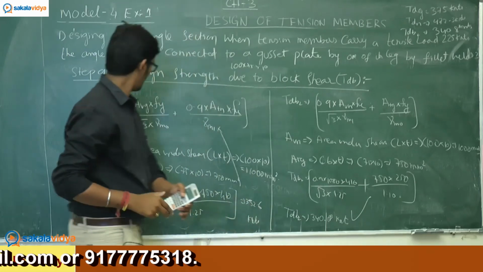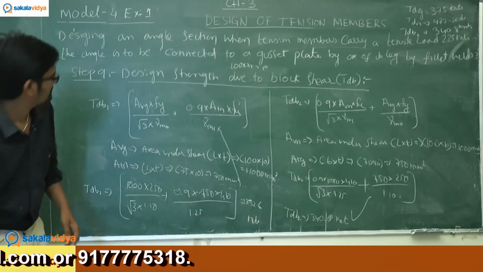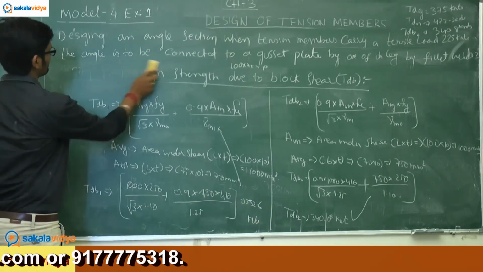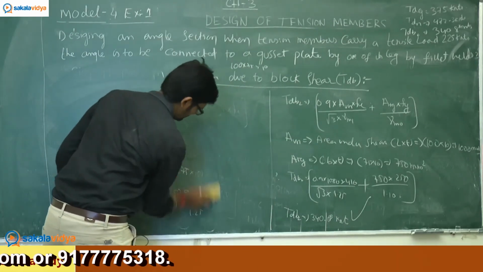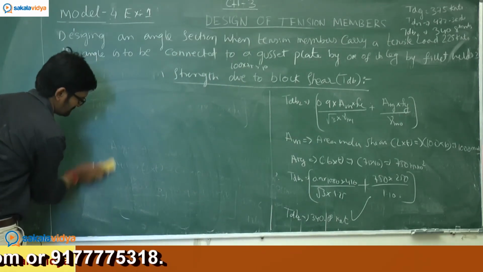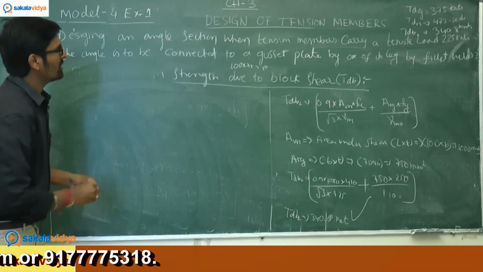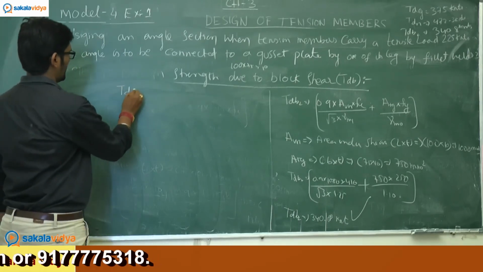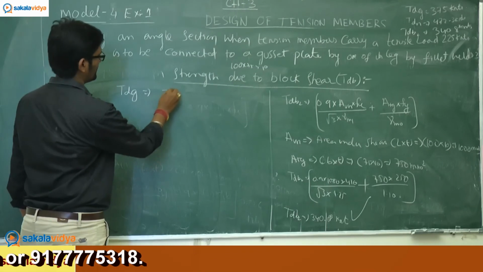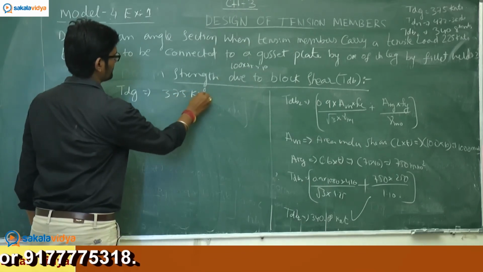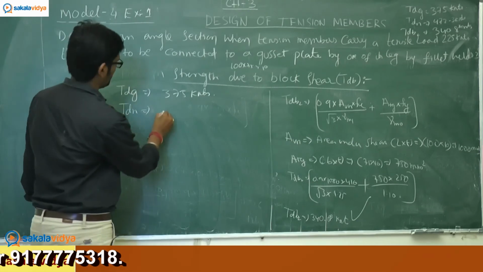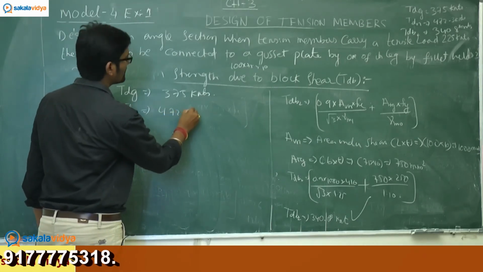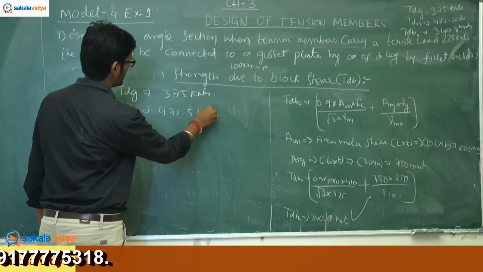Step 10. From design strength of gross yielding section, we got the answer as 375 kilonewtons. From design strength due to rupture, we got the answer as 472.3 kilonewtons.